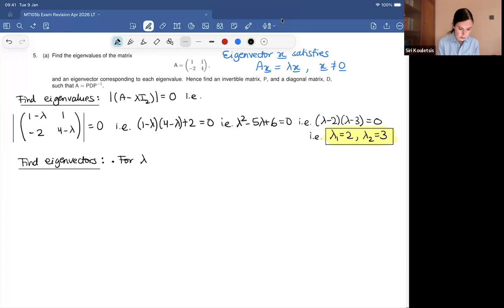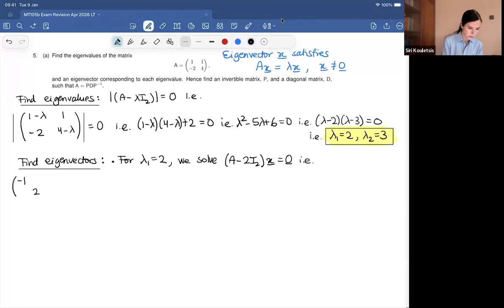So let's start with lambda 1 equals 2. And what we need to solve is A minus 2 times the identity matrix times x equals the zero vector. And so deducting 2 from the diagonal of A, it's useful to write down those two entries first.